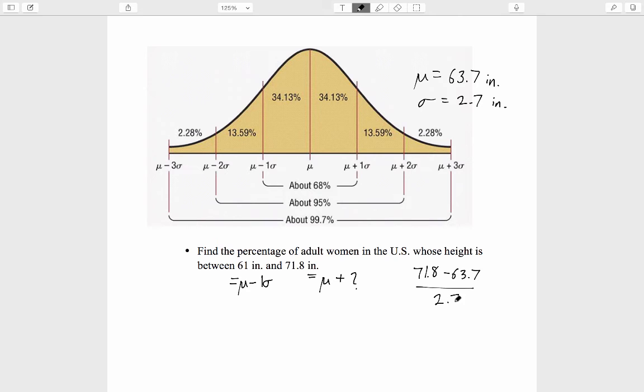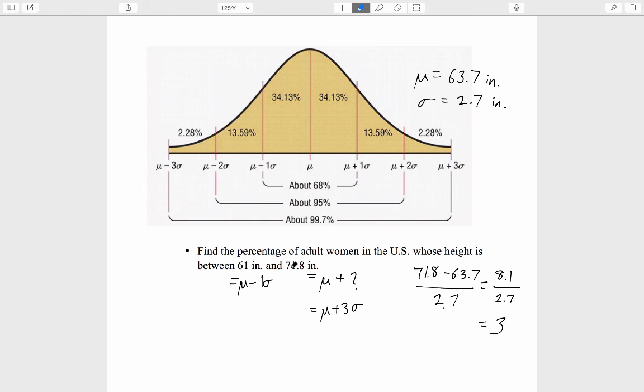If we divide that by 2.7, that will tell us how many times 2.7 goes into this difference. In inches, this difference is 8.1 inches, and we want to know how many times does our measuring stick of 2.7 inches go into 8.1, and that is exactly 3 times. So 71.8 inches equals mu plus 3 copies of sigma.